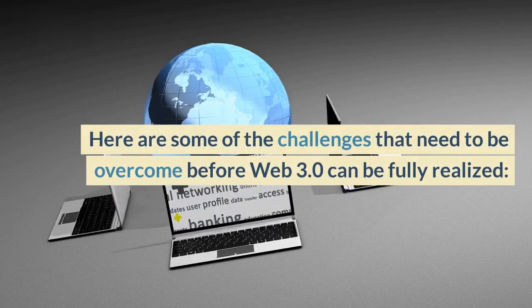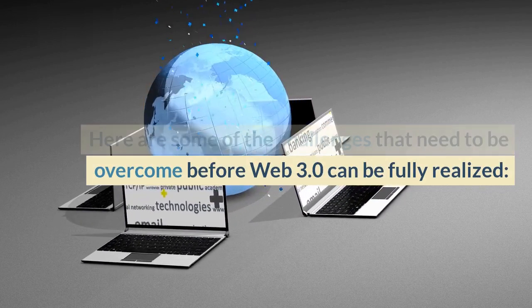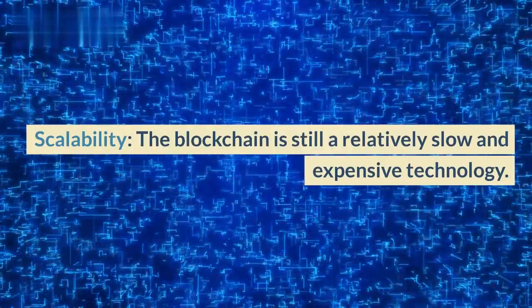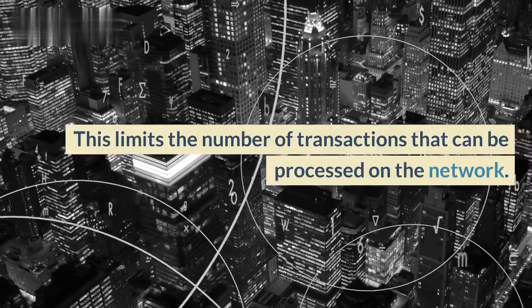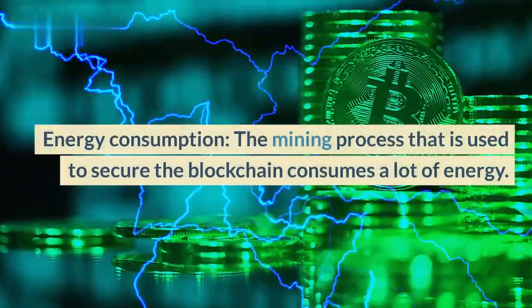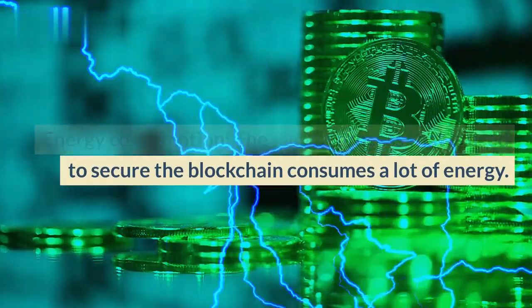Here are some of the challenges that need to be overcome before Web 3.0 can be fully realized. Scalability. The blockchain is still a relatively slow and expensive technology. This limits the number of transactions that can be processed on the network. Energy consumption. The mining process that is used to secure the blockchain consumes a lot of energy.